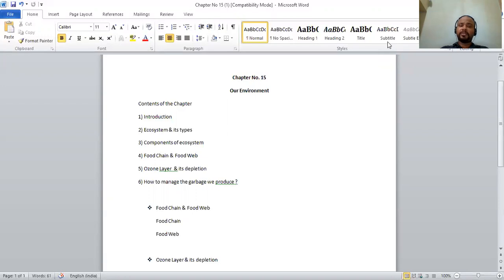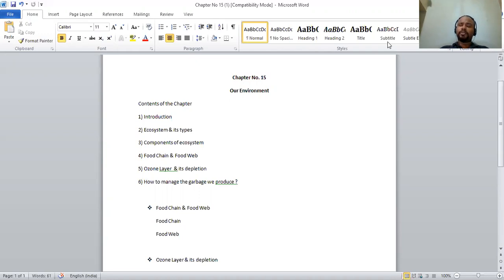Next topic, ecosystem and its type. The biotic community, along with its physical surrounding, forms a system which is known as ecosystem. Ecosystem is of two types, terrestrial ecosystem and aquatic ecosystem.